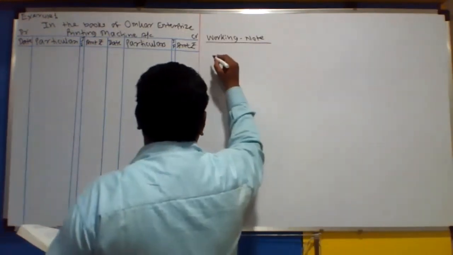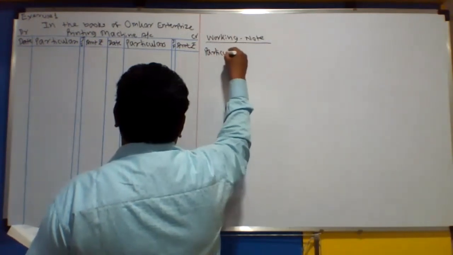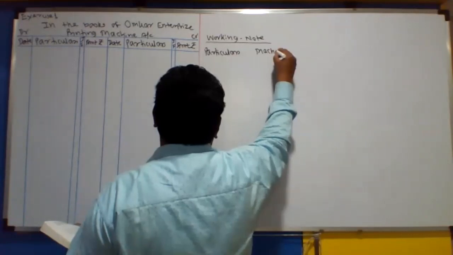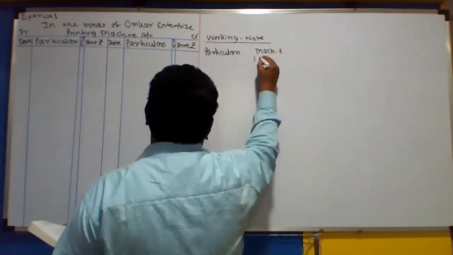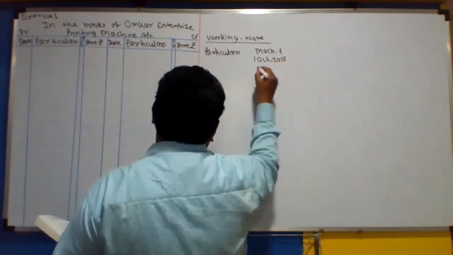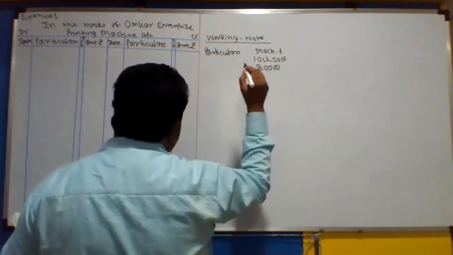So here you can write particulars. Here machinery number 1 purchased on October 2015 and the total value including installation charges, are 80,000.